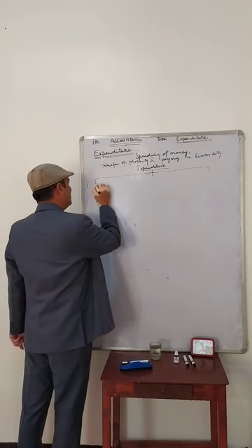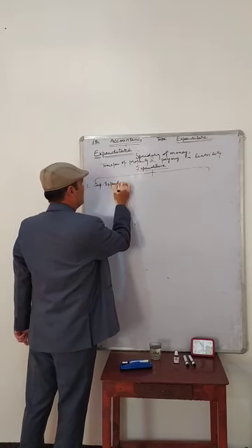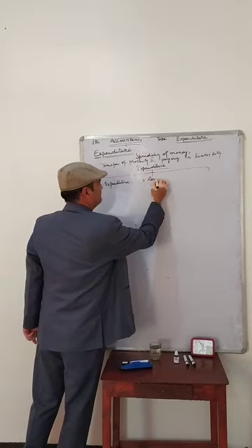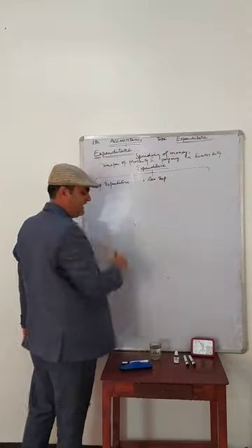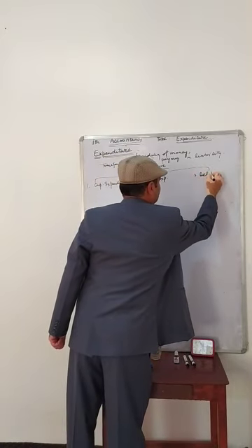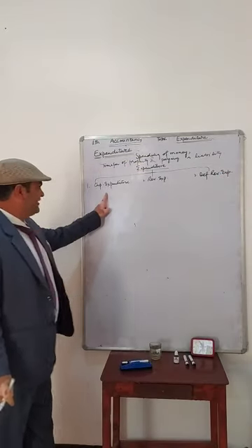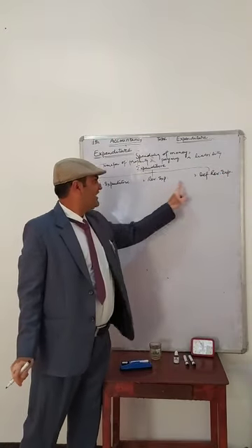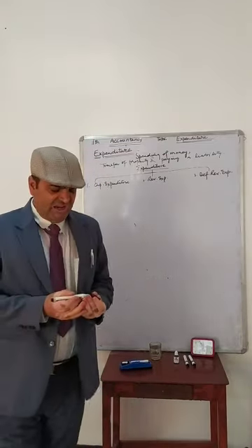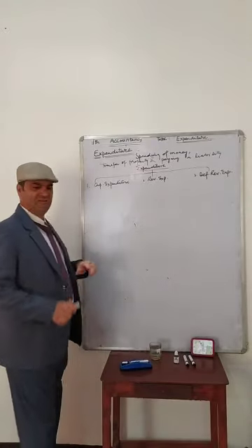Number one, capital expenditure. Number two, revenue expenditure. And number three, deferred revenue expenditure. Let's elaborate these three categories one by one.